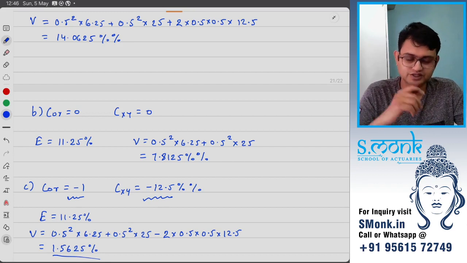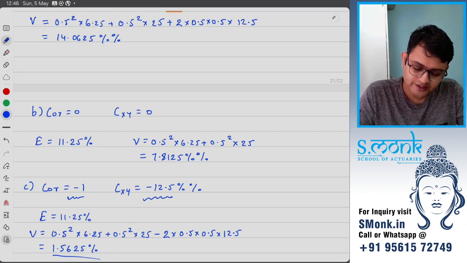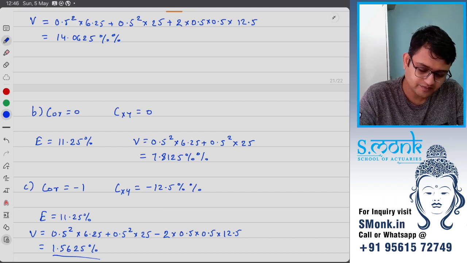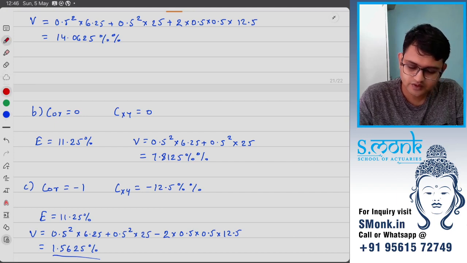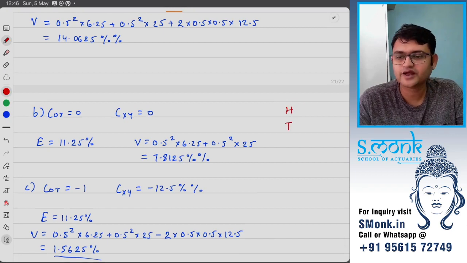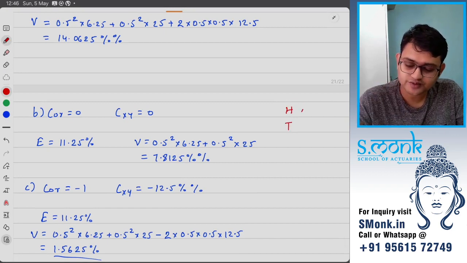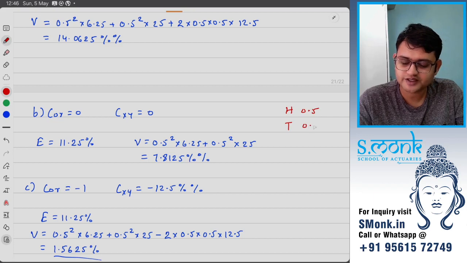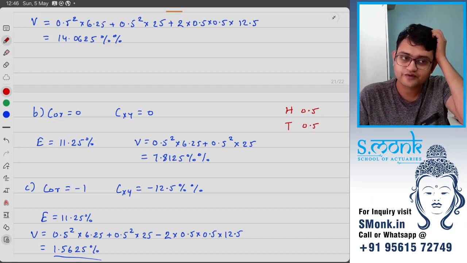Now what is hedging? Let's say we are playing a game. I am tossing a coin. We'll get either heads or tails. We know that the approximate probability of getting heads and tails is 0.5 and 0.5.